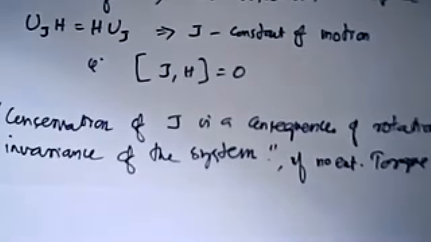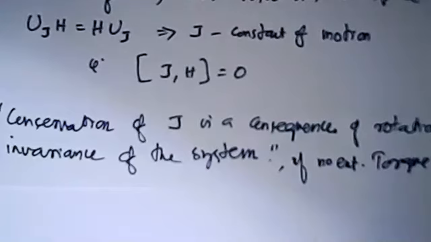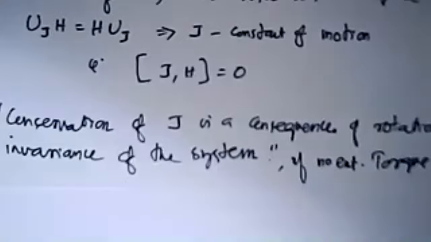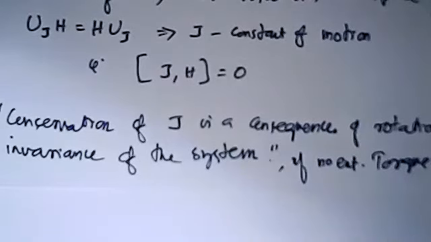So that is the end of today's class. We have explored the properties of space and time and connected them with the conservation laws in physics. They are very important, and they are very much related.